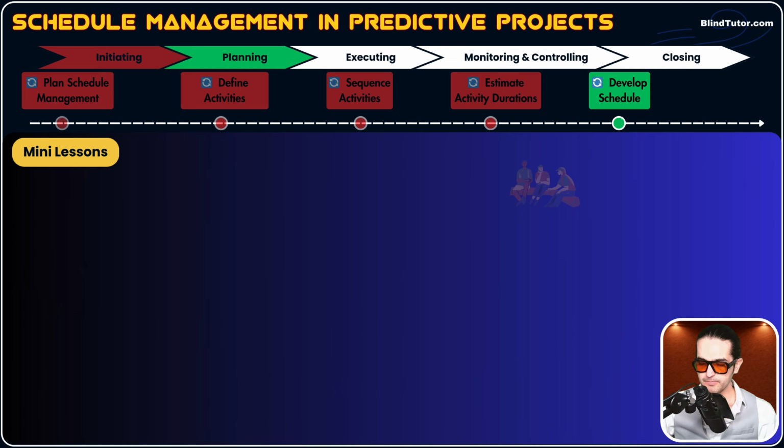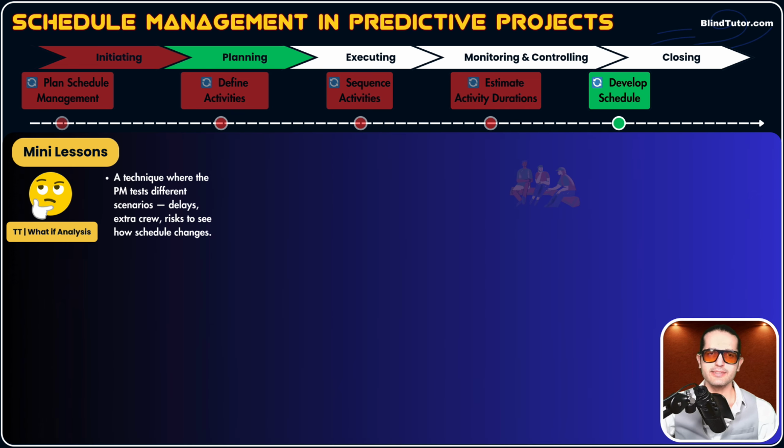Now, here we have what-if analysis. What's what-if analysis, guys? It's a technique where the PM tests different scenarios, okay? Delays, extra crews, bad weather, risks, every single different scenario, to see how the schedule would change.